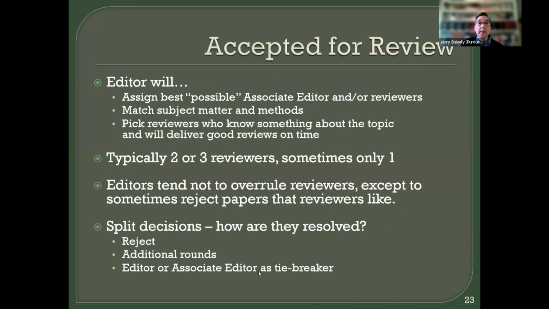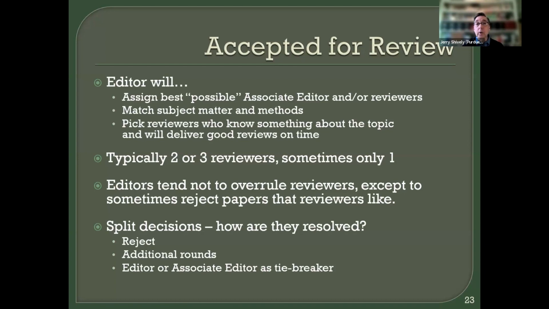Okay. All right. So if the editor looks at your paper and decides to send it to review, he or she will try to match the subject matter of your paper and the methods used in your paper to reviewers. So typically an editor will pick 2 or maybe 3 reviewers. In rare cases, perhaps just 1.